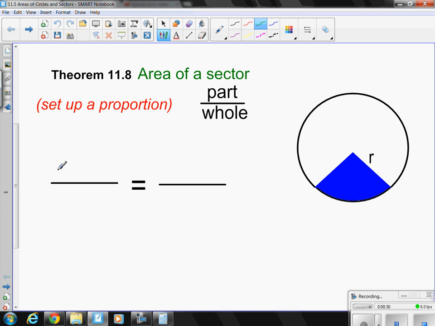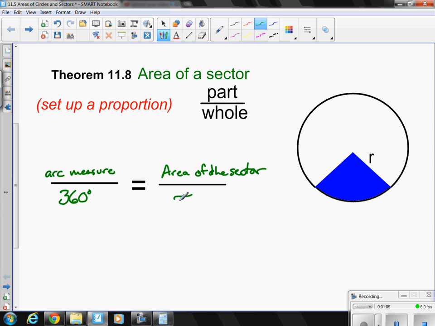So we can use the same idea, the part over the whole. The total degrees in a circle is 360, and this would be the arc measure. So the arc measure out of the total 360 equals the area of the sector to the total area.